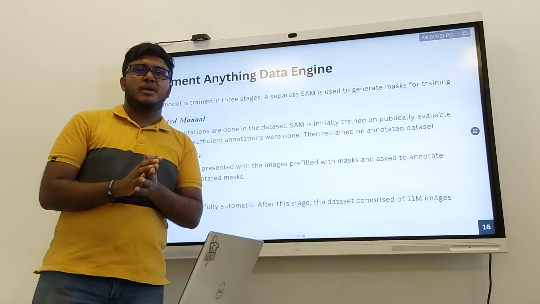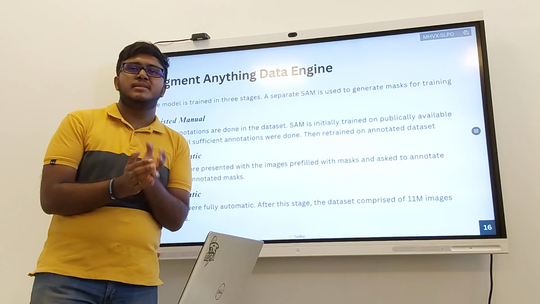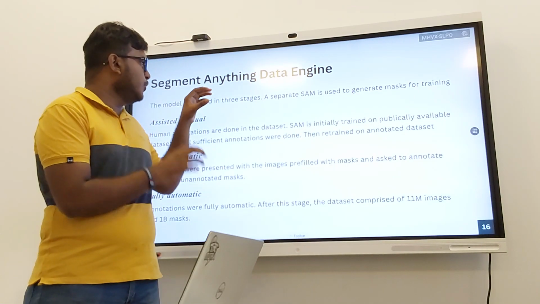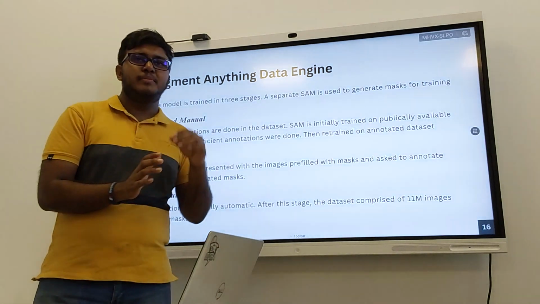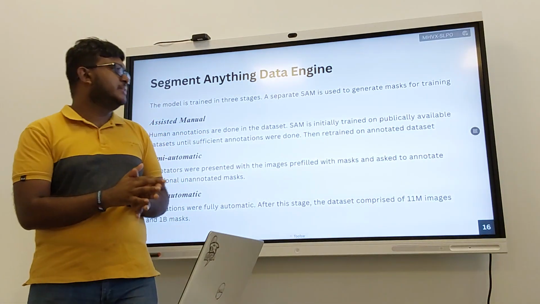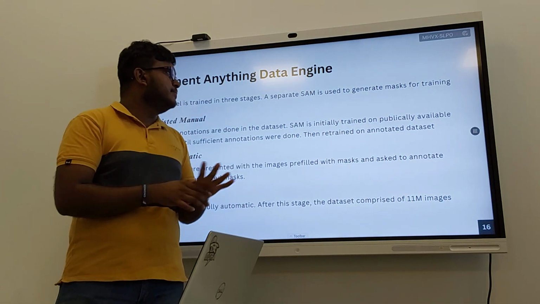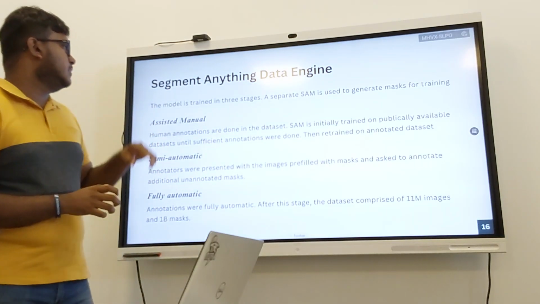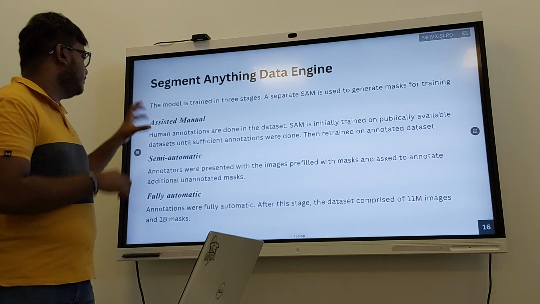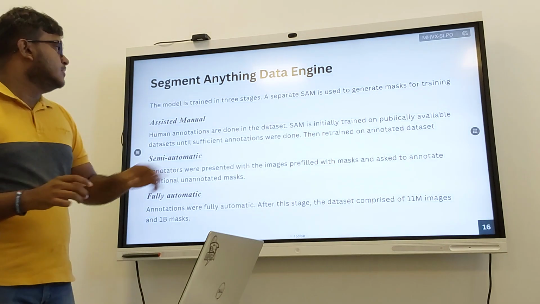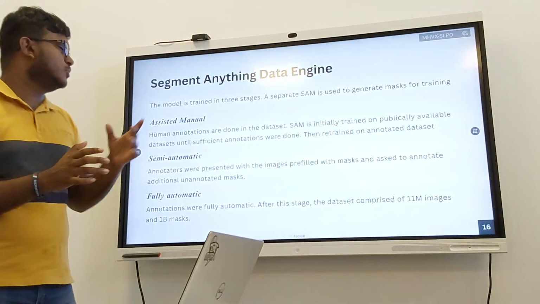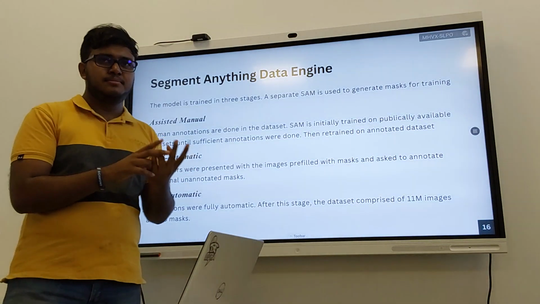Now another important aspect of SAM is the dataset it was generated with. Why is that important? Because it is the largest dataset up to now for the task of image segmentation, so we need to discuss it. During the training process, they trained 2 models.